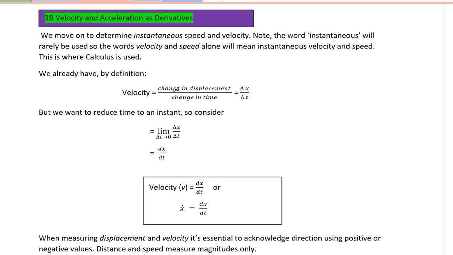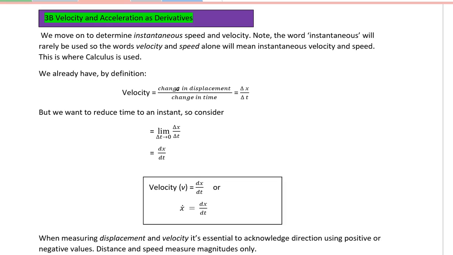What you will find is that there will be a big emphasis on the particular type of function that you're given. So in the beginning, to start the concept, we always have a function which describes displacement for us.